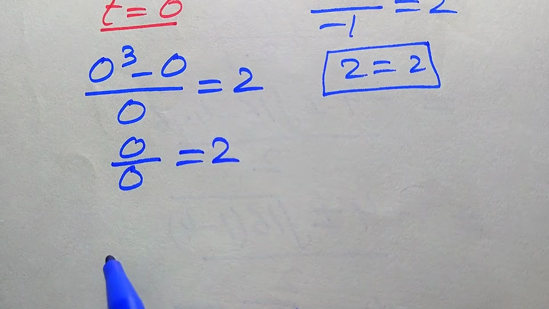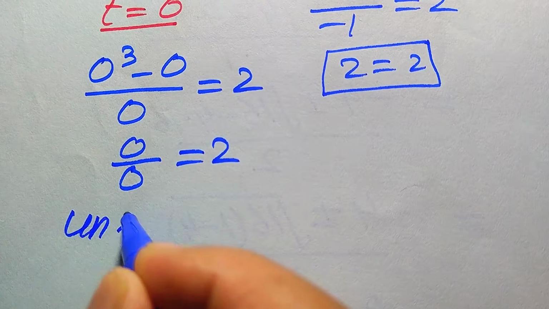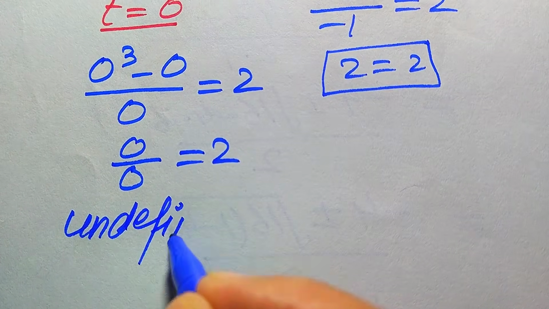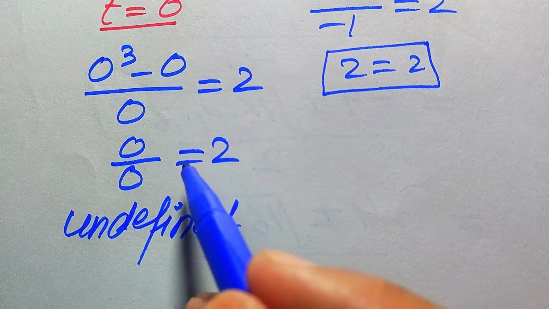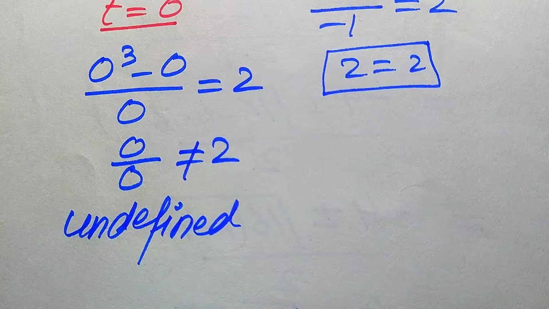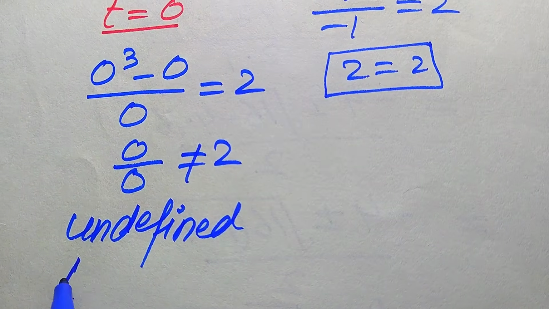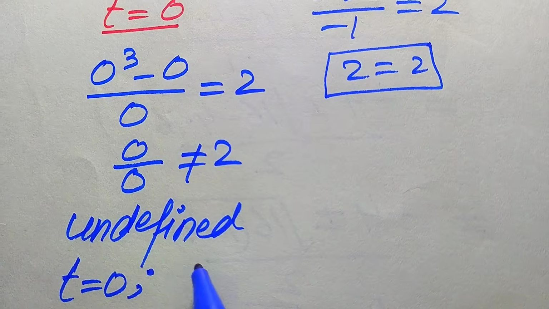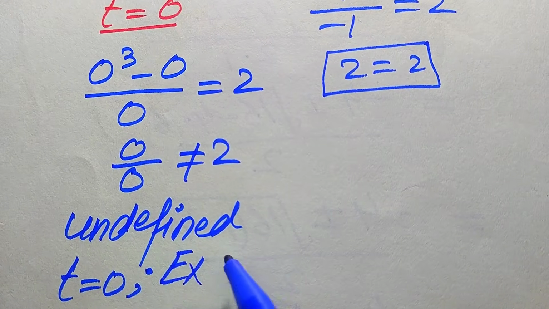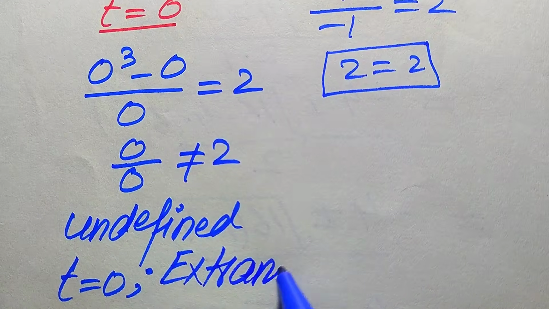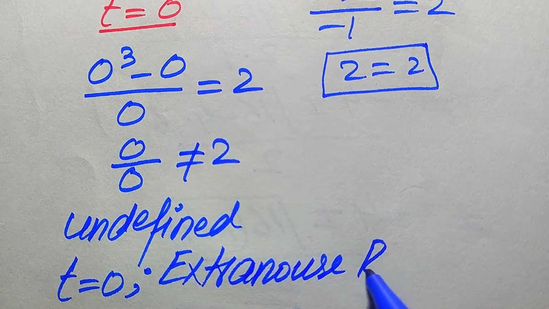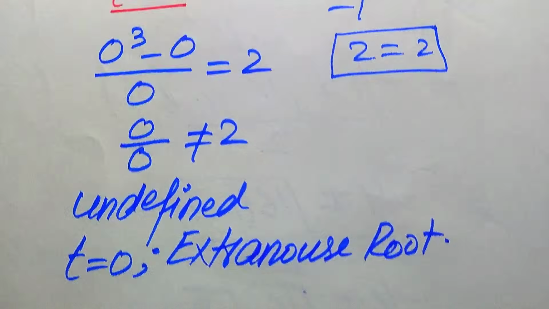So 0 over 0 form is usually called an indeterminate form, or in other words we say that it is undefined. So if our left hand side is undefined, this means that both sides are not equal. It means that the value t equals to 0 does not satisfy our given question statement. So we call t equals to 0 the extraneous root of the given equation.